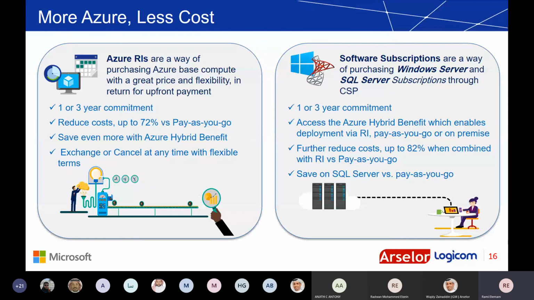Microsoft provides you with two options to save cost. If we compare the pay-as-you-go model, which is paying per hour, with our own premises, we will save like 30 to 40% during the 5 years.